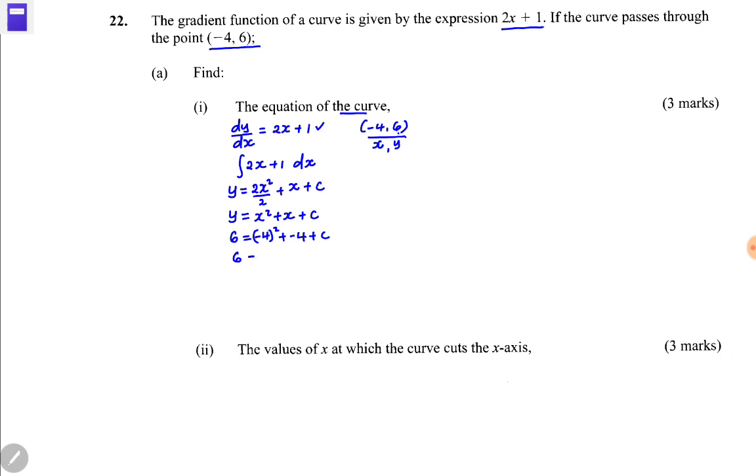So 6 is equal to 16 minus 4 plus c. So 6 is equal to 16 minus 4 is 12 plus c. So 6 minus 12 is equal to c.